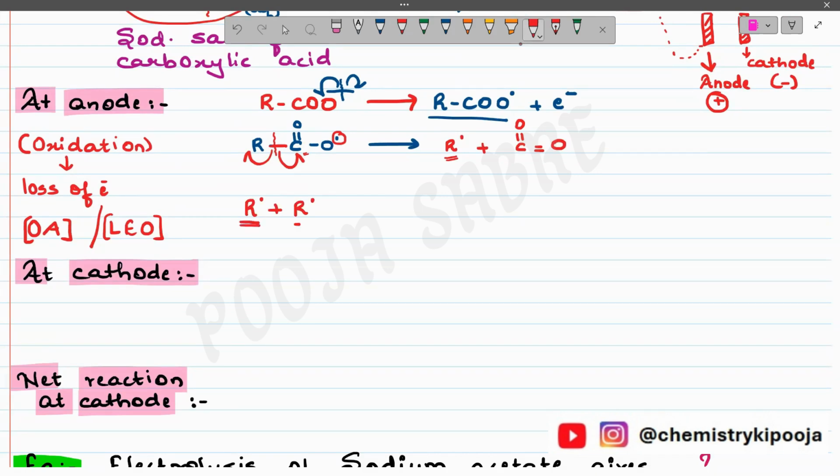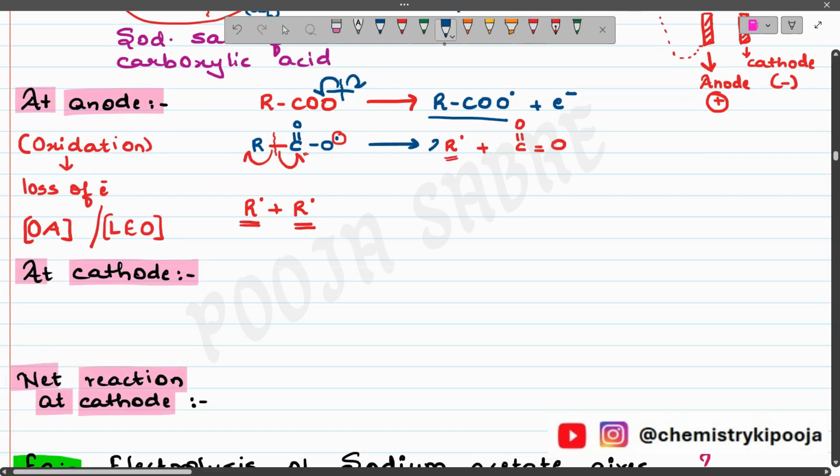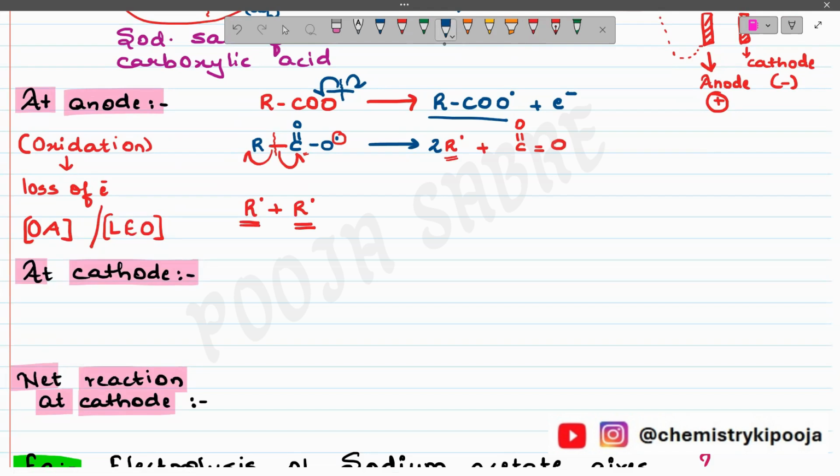Now, if I am putting two free radicals, definitely I need two here. We are simply going to balance the reaction. For this R, I have put this 2. So if I'm putting 2 here, I need to balance everything. So this will be 2, this will be 2, then 2. So 2 free radicals, 2 electrons.